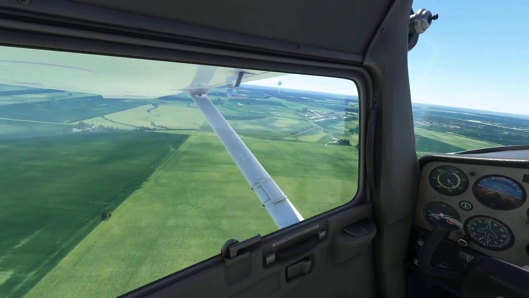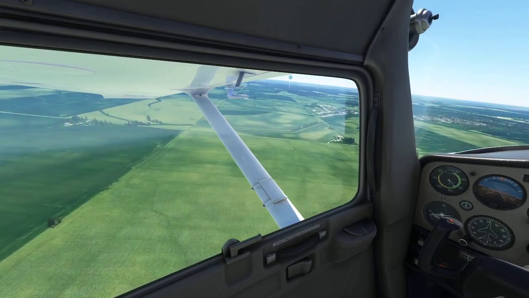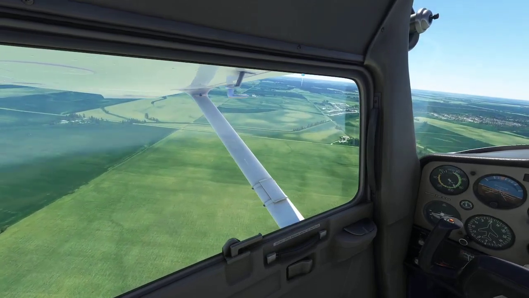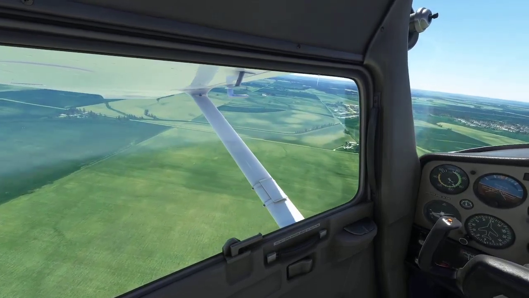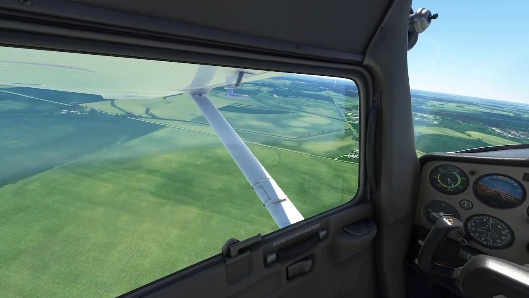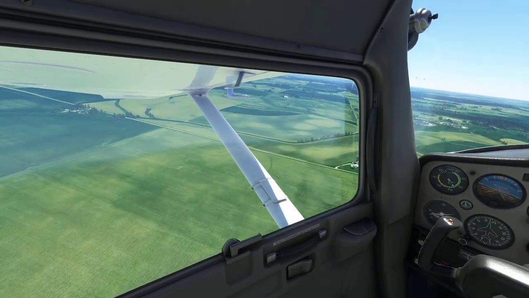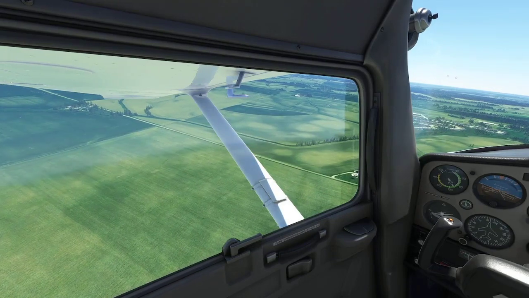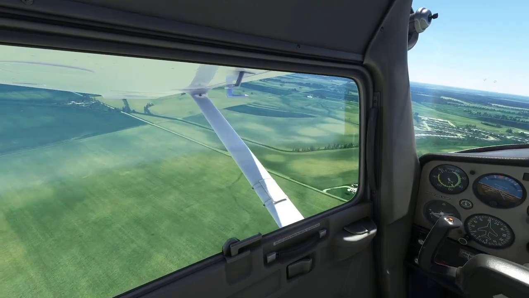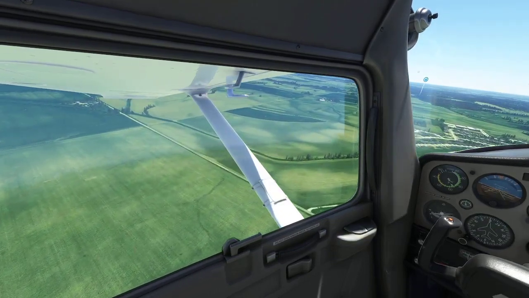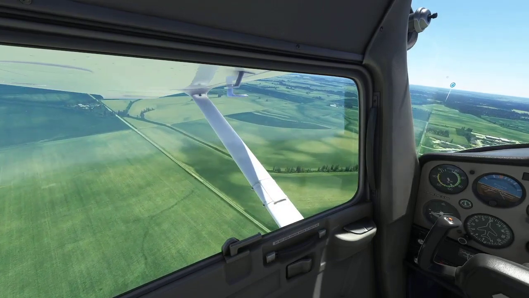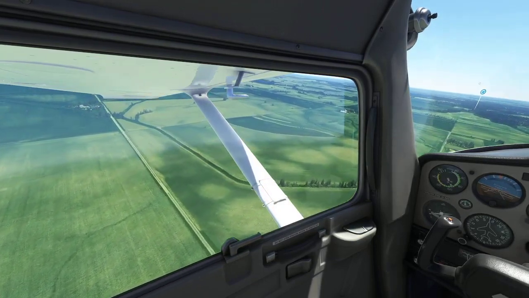So now we're going to start getting pushed from behind. So we're going to want to increase our bank a little bit more and a little bit more until we're at the point where the wind's directly behind us. This is the steepest bank.